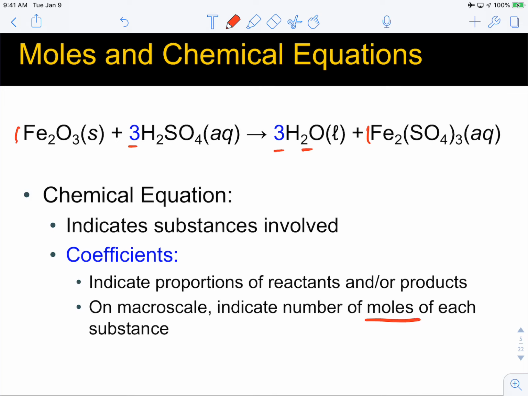In other cases, you could think of it in terms of moles. It's just like scaling up a recipe. If it's 1 to 3 to 3 to 1 in terms of formula units, it's also 1 to 3 to 3 to 1 in terms of moles. It's just like using a dozen. If the relationship is 1 to 3 to 3 to 1, it's also the same relationship as saying a dozen to 3 dozen to 3 dozen to 1 dozen.